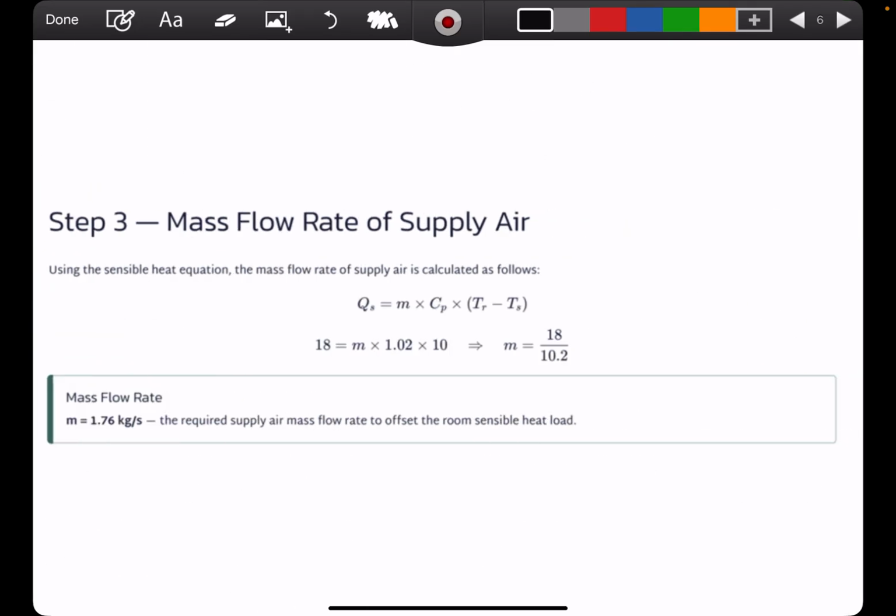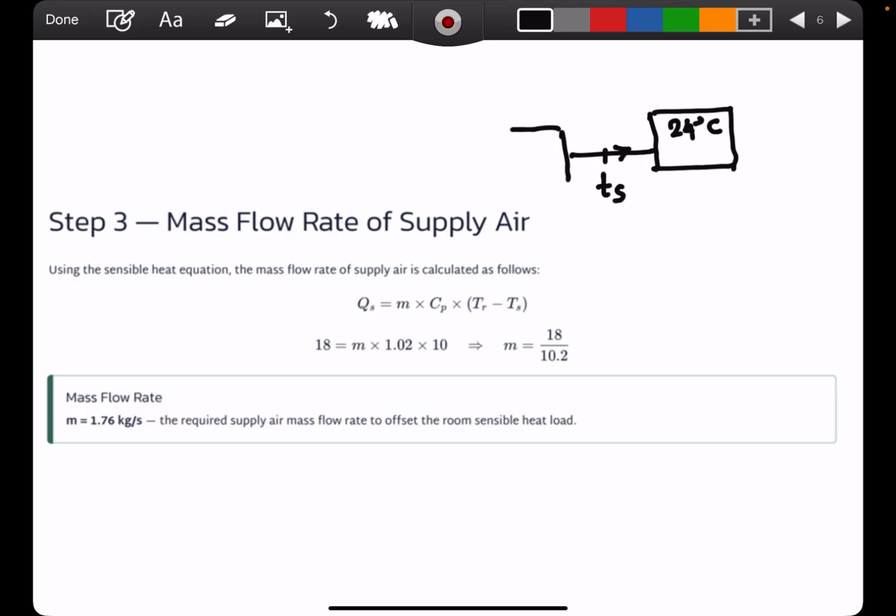So let us try to understand the physical system first. This is your room or classroom or lecture hall to be maintained at 24 degrees centigrade, and you are supplying the conditioned air at a temperature Ts.